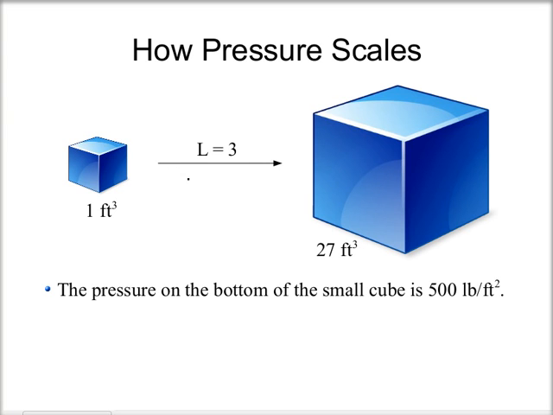Now I've scaled this cube up with a linear scaling factor of 3. So this larger cube has sides that are 3 feet long, and its volume is 27 cubic feet because volume scales like L cubed, or 3 cubed, which is equal to 27.